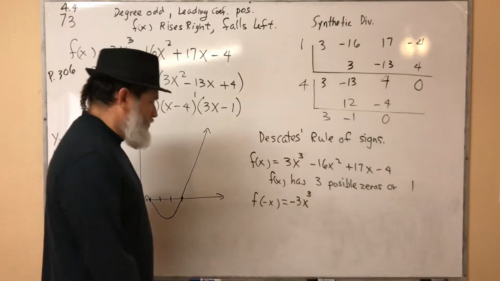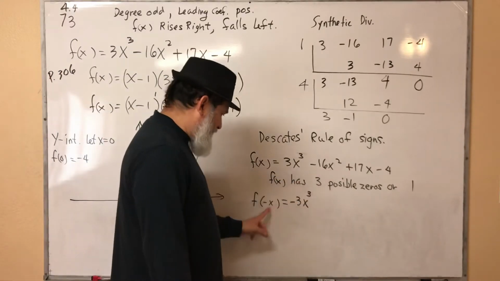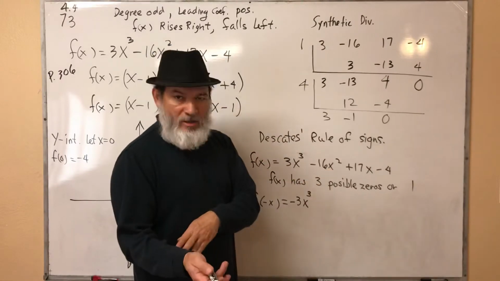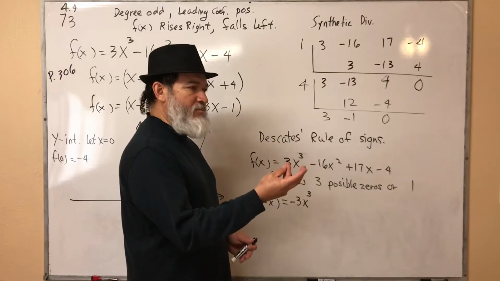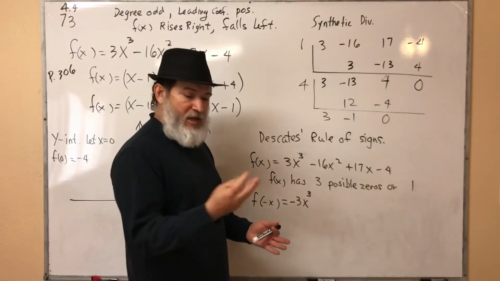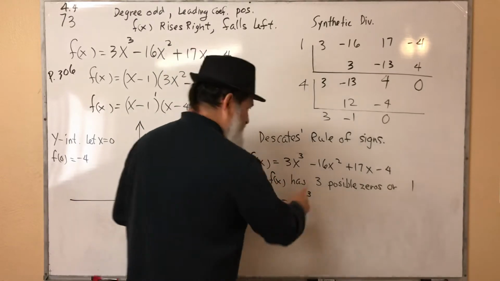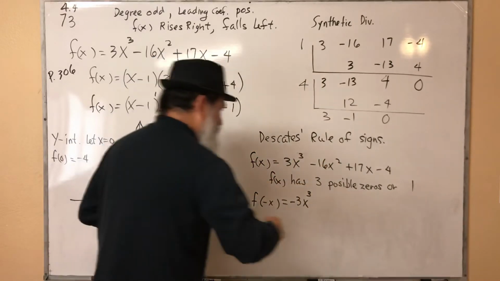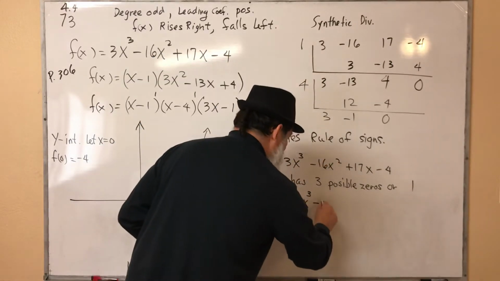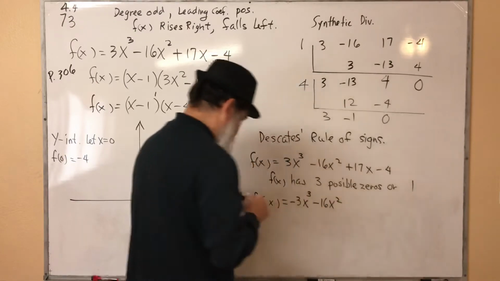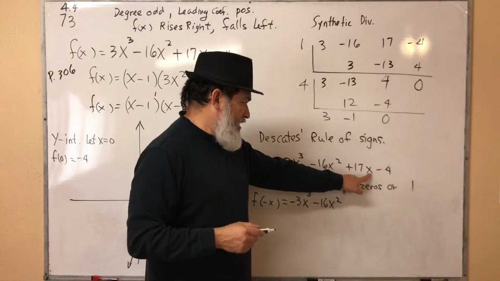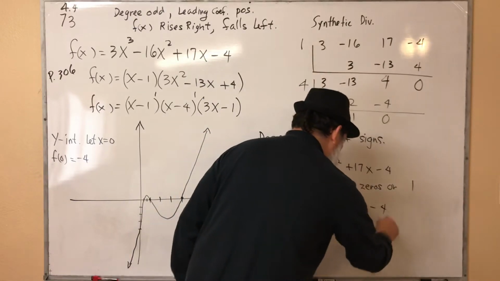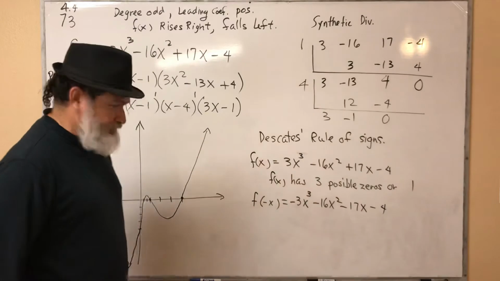What's negative x squared? What's negative x times negative x? That's x squared. A negative times a negative is positive. So this is minus 16x squared. Plug in negative x there. So it's minus 17x minus 4.